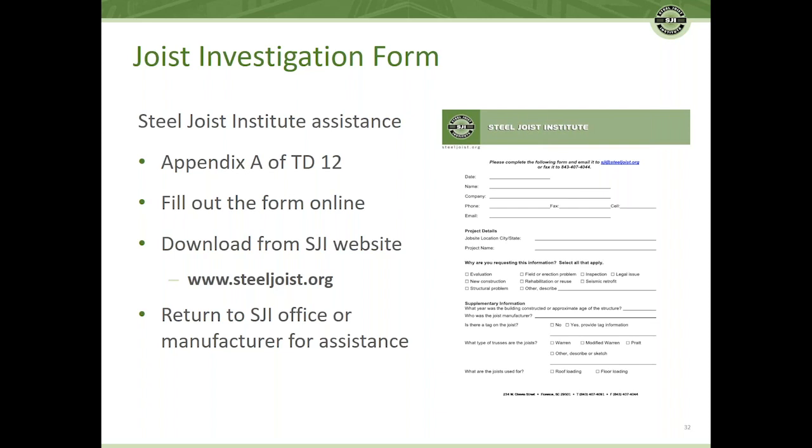You can see there the address of the website is www.steeljoist.org. If you fill that out to the best of your ability and send it in either to the joist manufacturer, if you know who the manufacturer is, or the SJI office, then you can start figuring out what kind of information you have or what's available.